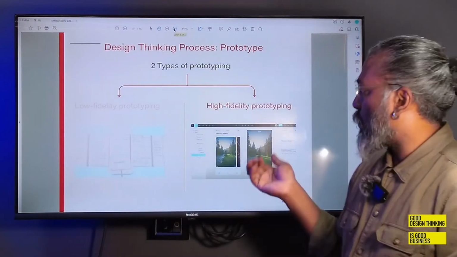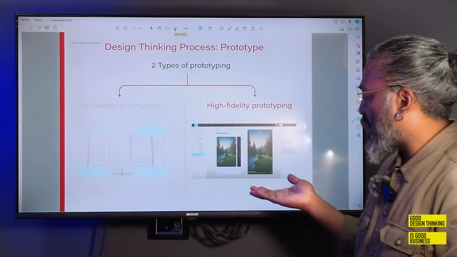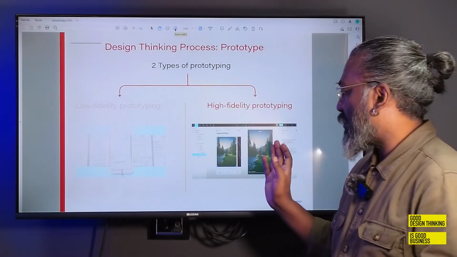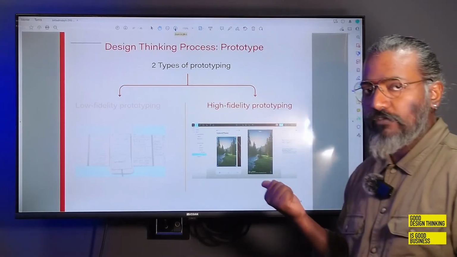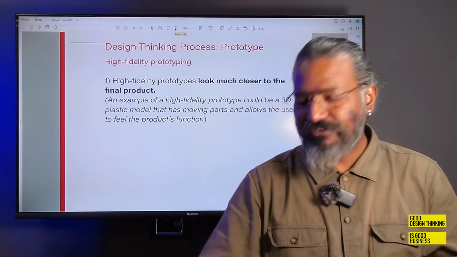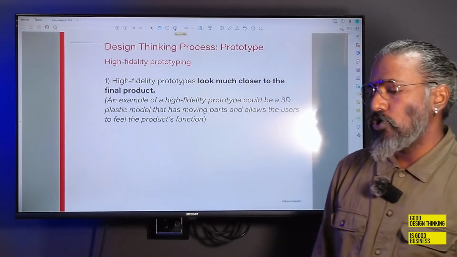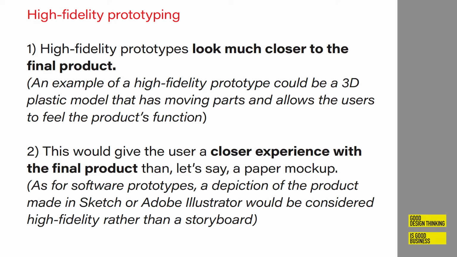The second one is a high fidelity prototype. Here you can see that this is a website or app. They used software to create those dummies. So high fidelity prototypes look closer to the final product.